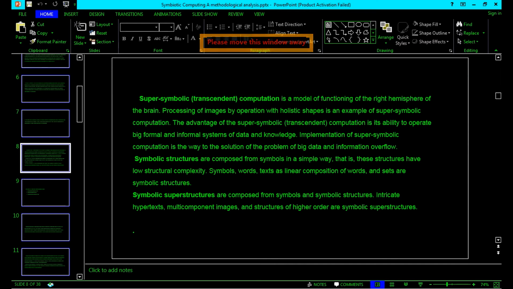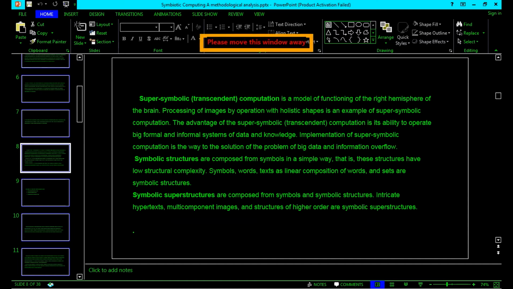Supersymbolic transcendent computation is a model of functioning of the right hemisphere of the brain. Processing of images by operation with holistic shapes is an example of supersymbolic computation.